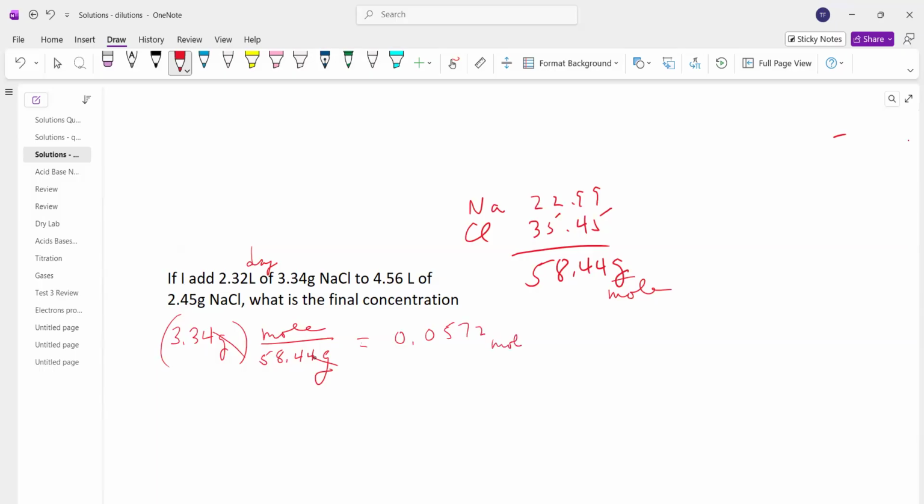Okay, so that'll be the moles from the dry part.